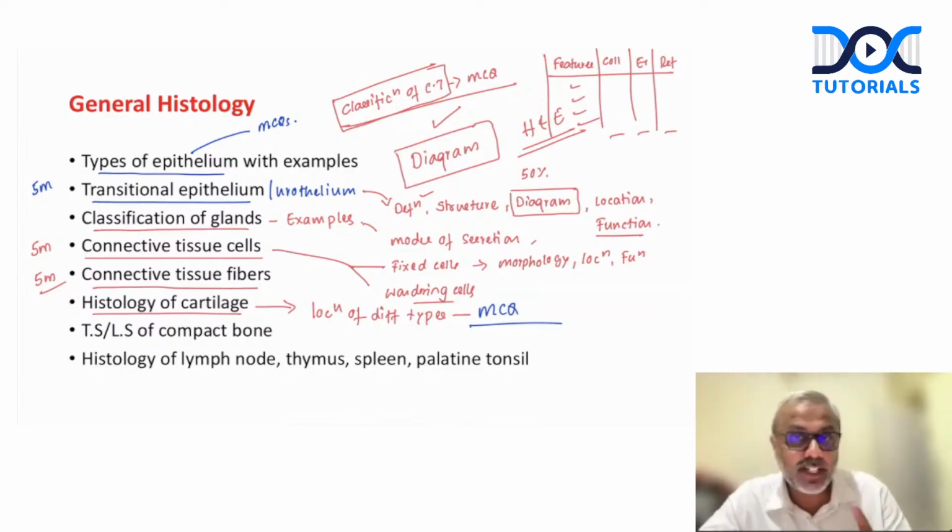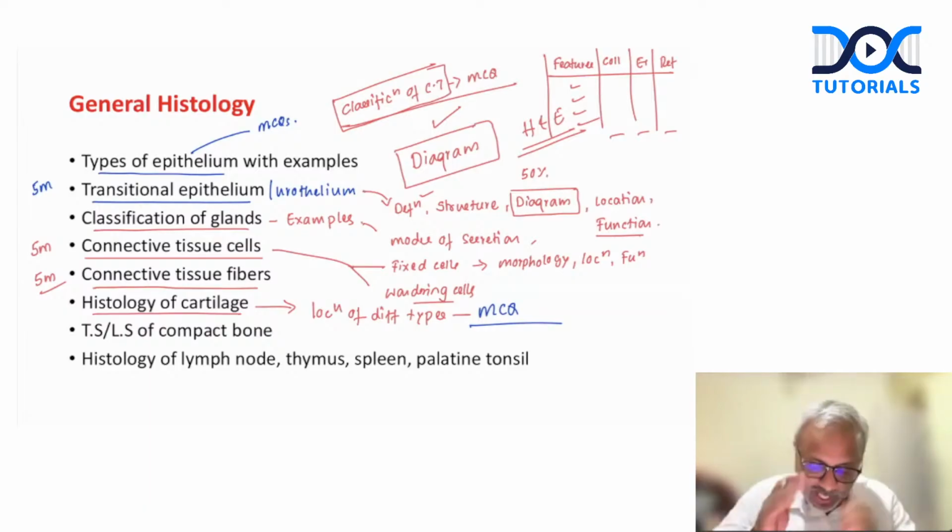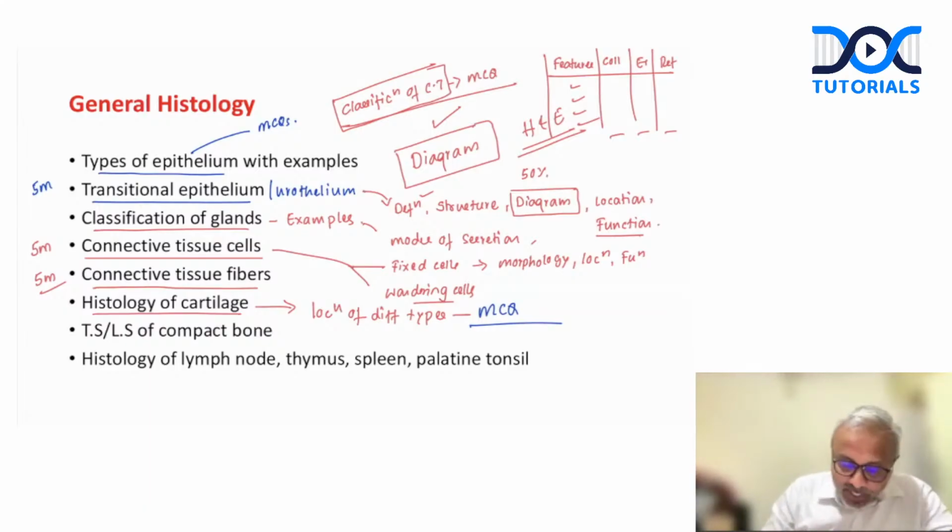We have discussed even in general anatomy, remember, types of joints, a good MCQ topic. So wherever you have classification, wherever you have types, think that those are the stock questions for MCQs.